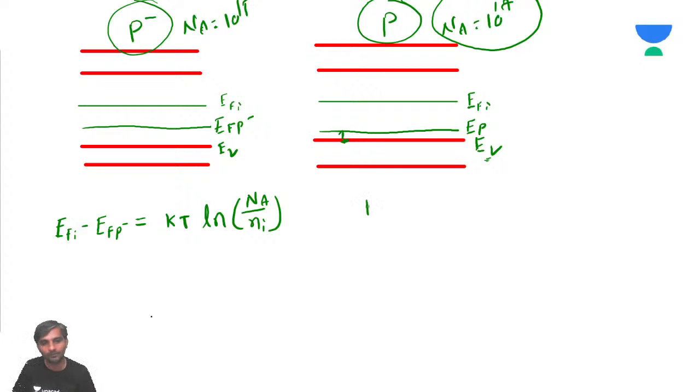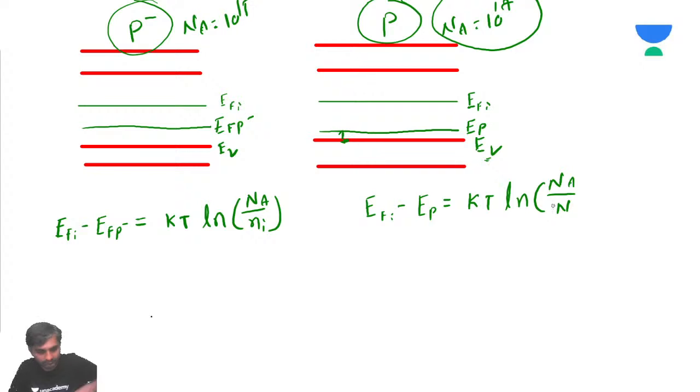For this also, EFi minus EFp is equal to kT into ln of Na by Ni. Can I say this one is Na minus, so that we have a difference.